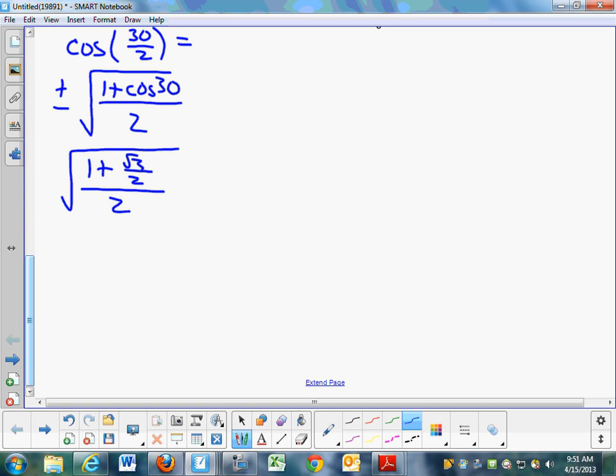So what we can do now is combine the top into one fraction. So this would be what? Square root of 2 plus the square root of 3 all over 2, all over 2.